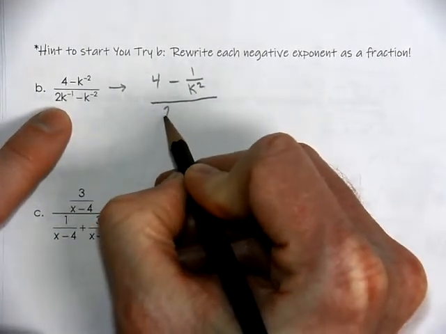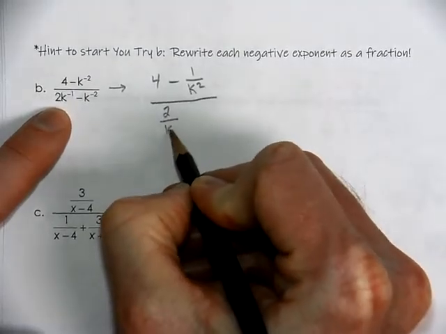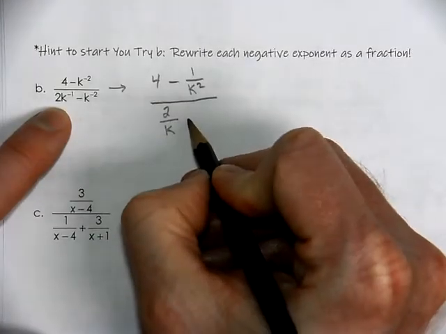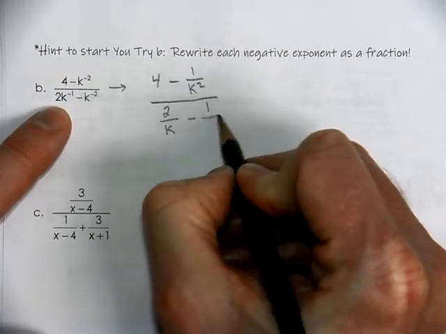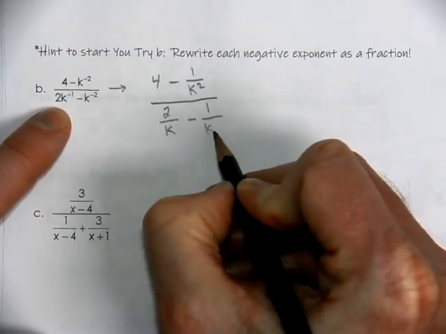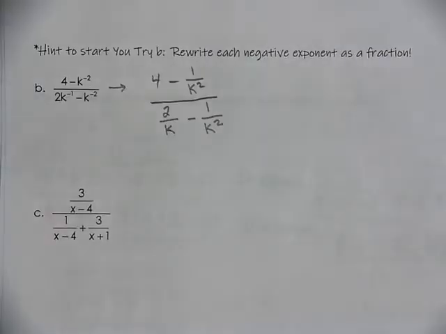And then this is 2 over x to the first power minus 1 over x squared. So once we put it into that form, it should make a lot more sense.